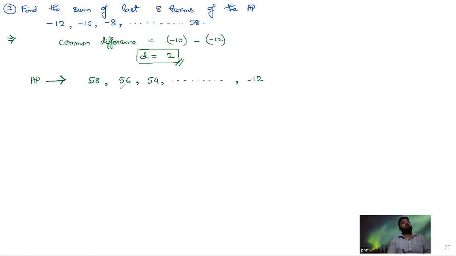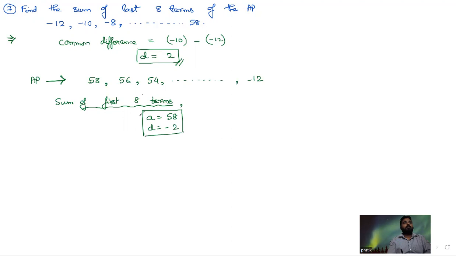Now it is easy for me to find out the first 8 terms. So I'll be finding the sum of first 8 terms, where you know the value of A is 58, and D is minus 2, and N is equal to 8.